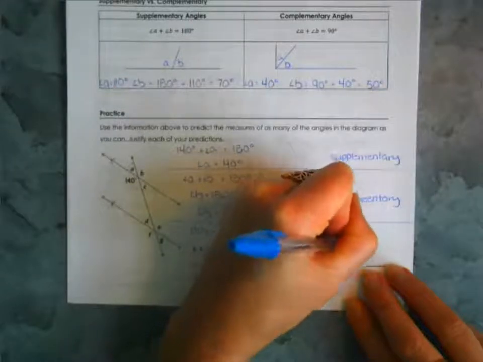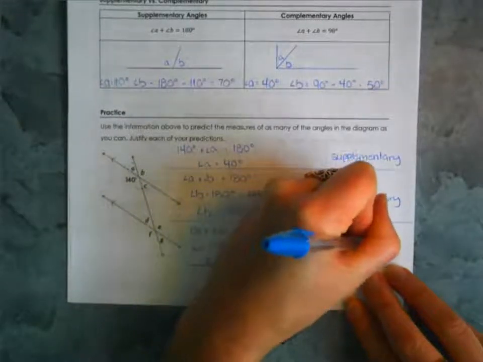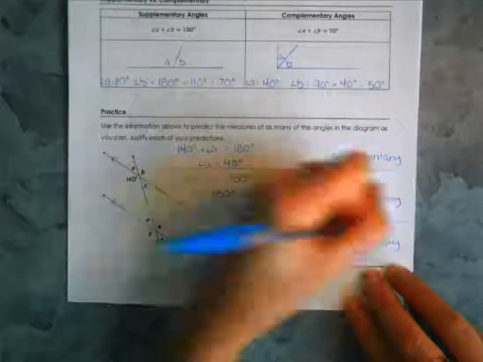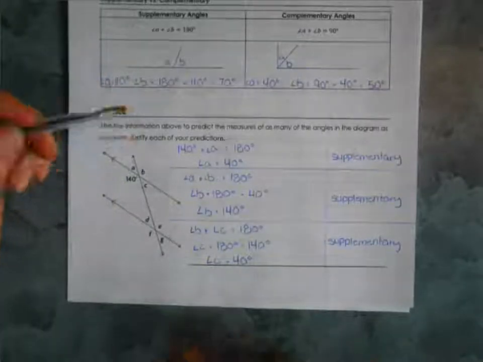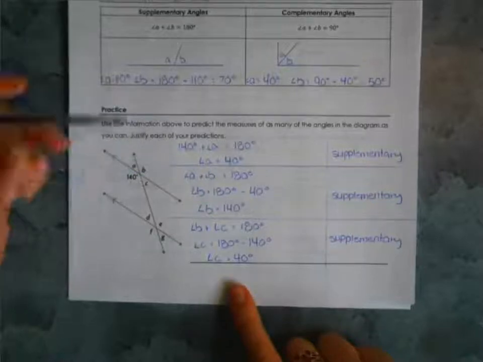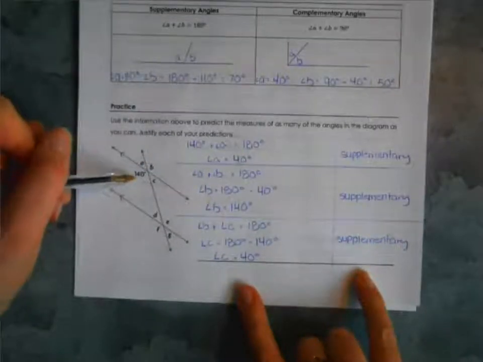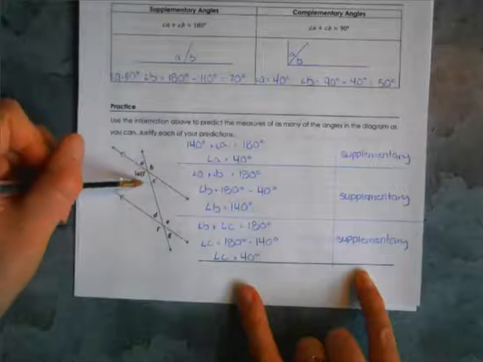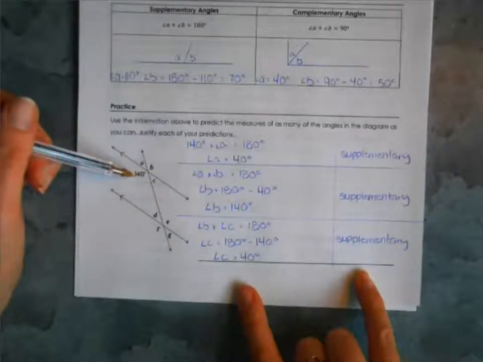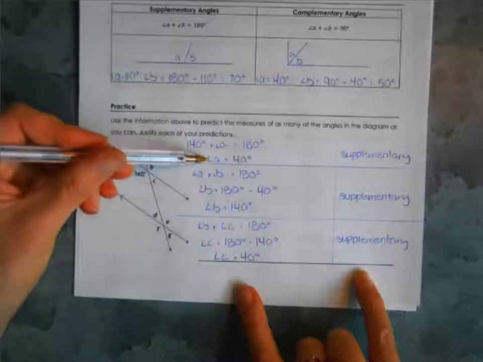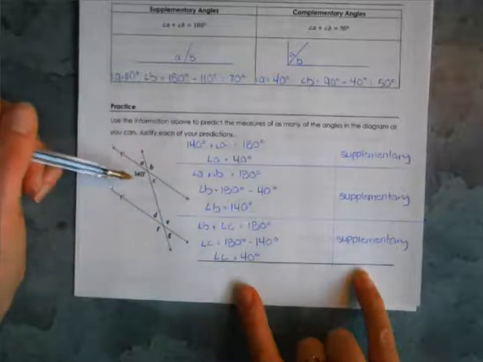Now, based on what we just did, you might already be able to guess what some of the other angle justifications are going to be, because if we look at the angles we just solved for, we found that this angle here was 140, and which other angle was 140? We had A was 40, well B was 140.